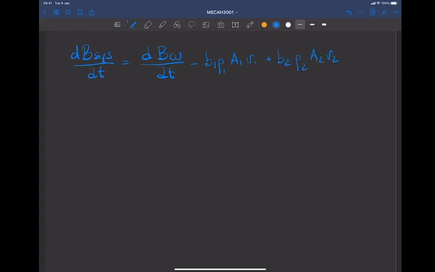Okay, so this is the expression that we find for the problem that relates the property in the system with the property in the control volume. And of course you see that the variation of the property in the system will be equal to that of the property in the control volume, minus the flow rate of the property coming in from section 1, plus of course the flow rate of the property going out from section 2.